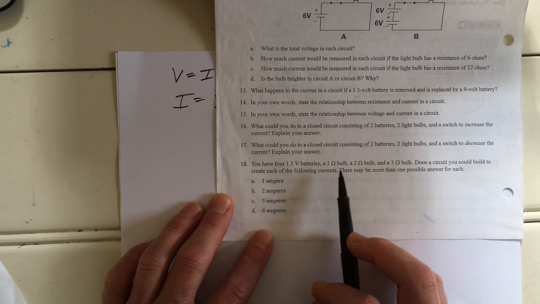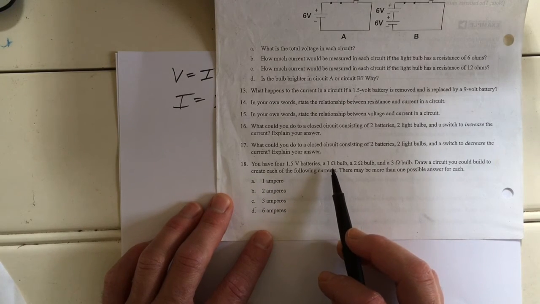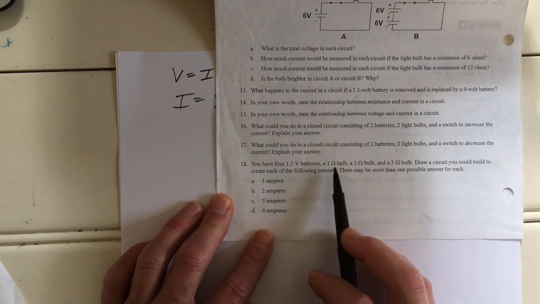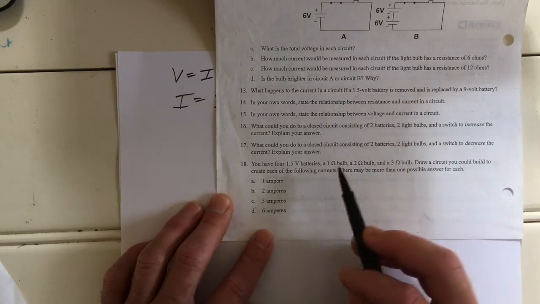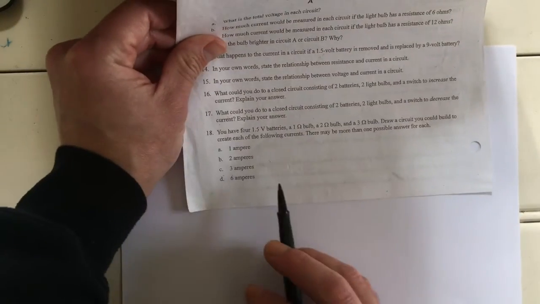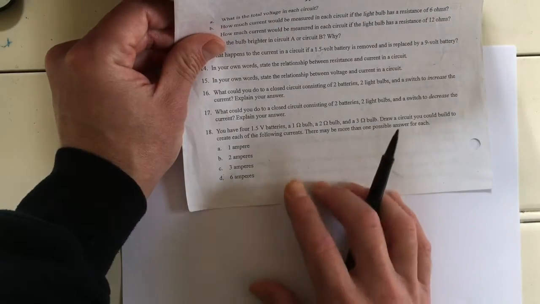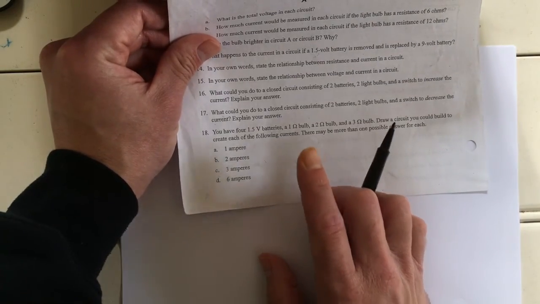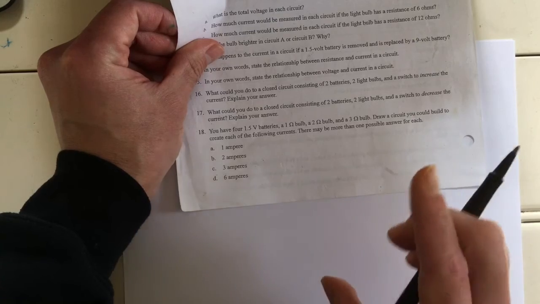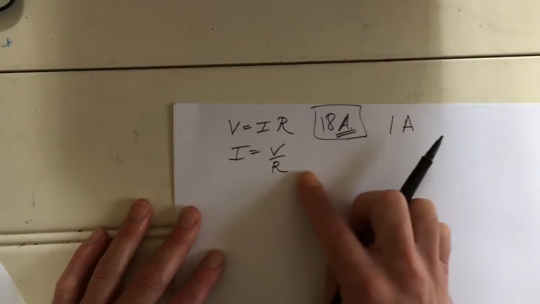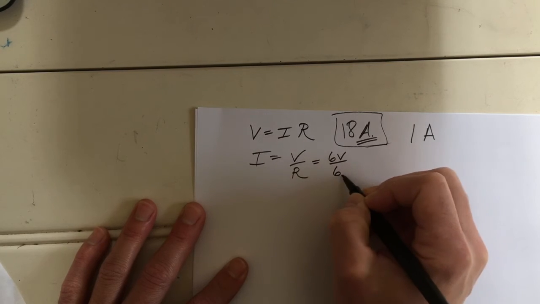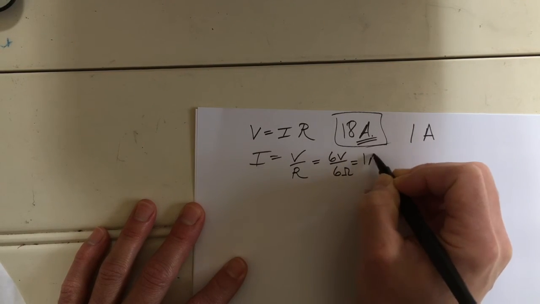And if I add up all the bulbs, because bulbs in series add their resistances, 1 plus 2 plus 3 is 6 ohms of resistance. So with all the bulbs and batteries, I have 6 volts divided by 6 ohms, which gives 1 amp.